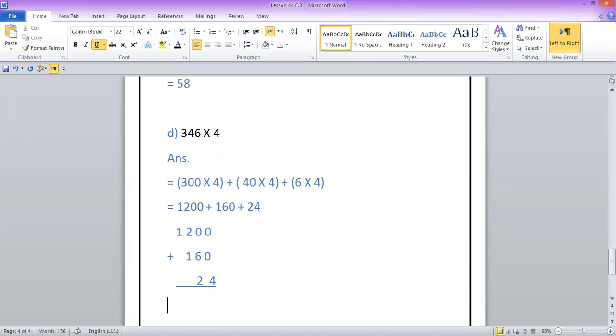How do you write it? 4 plus 0 plus 0 equals 4. Yes, guys. Can you add it? 0 plus 0 plus 4 equals 4.